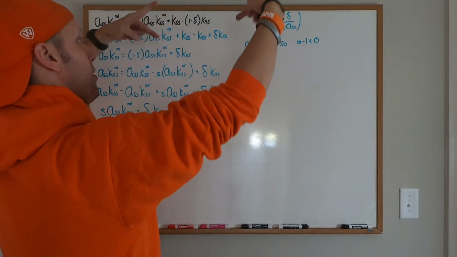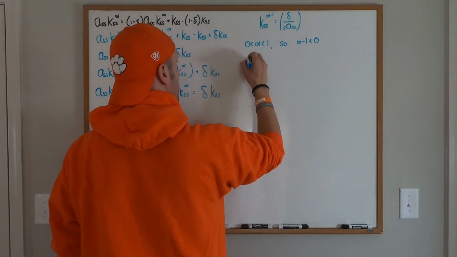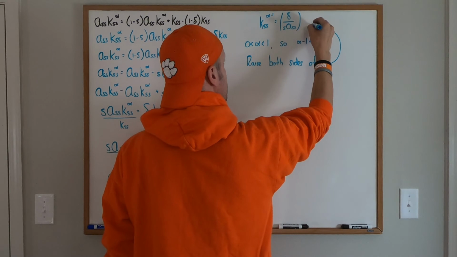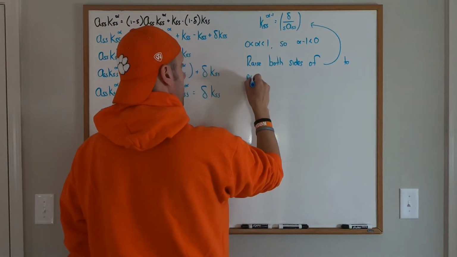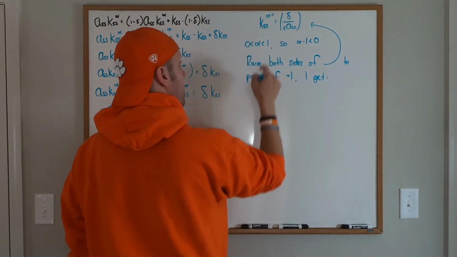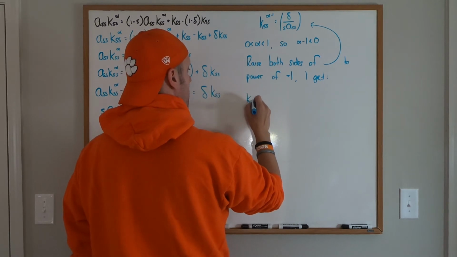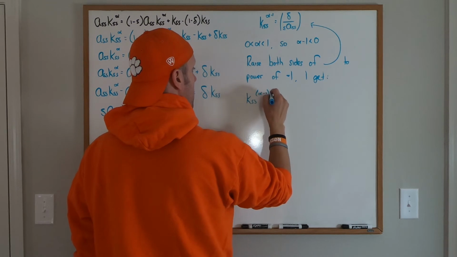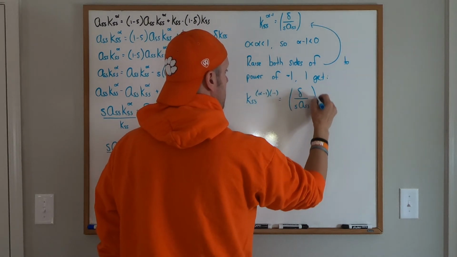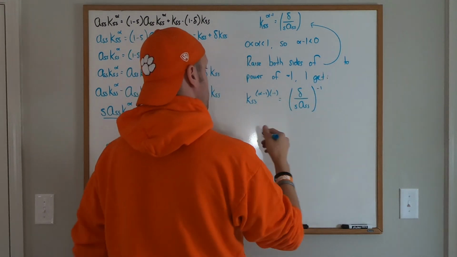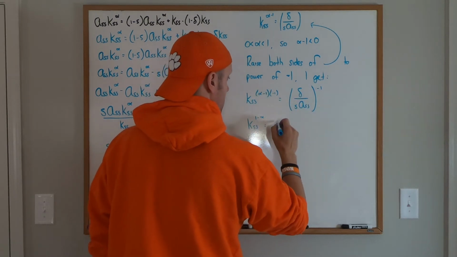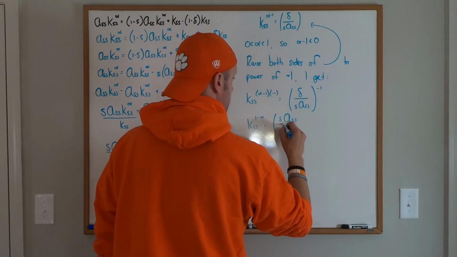Well, if I invert both sides, if I raise both sides of this equation to the power of negative 1, it flips them, so now I get KSS to the 1 minus alpha equals S times ASS over delta.